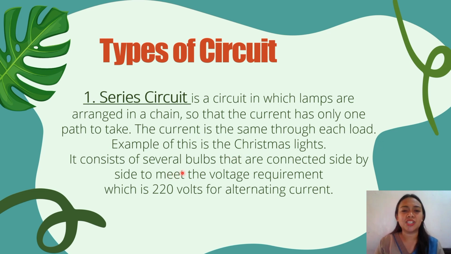It consists of several bulbs that are connected side by side to meet the voltage requirement, which is 220 volts for alternating current. So, ang series circuit, tandaan natin, okay, isa lang ang path na dinadaanan ng kanilang current.